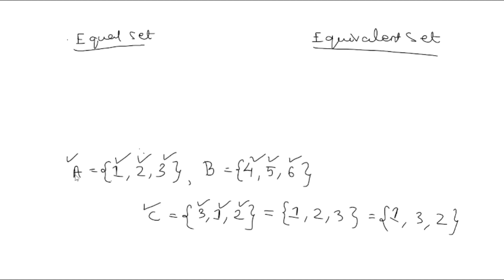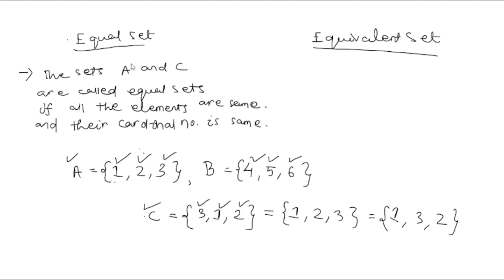We can say that set A is equal to set C because all the elements present in both sets are the same. They have the same cardinal number and the elements present in both sets are the same.